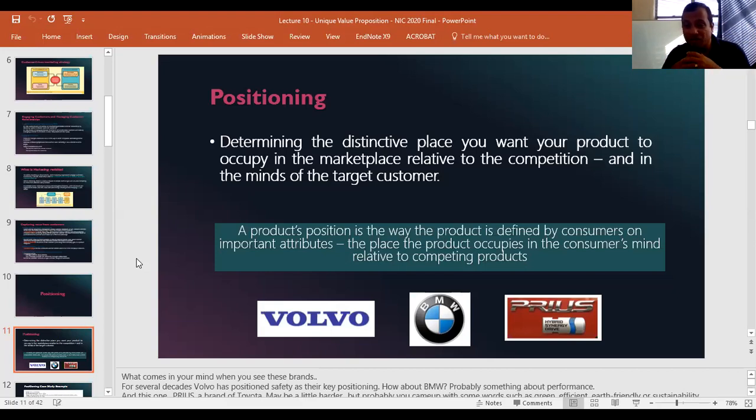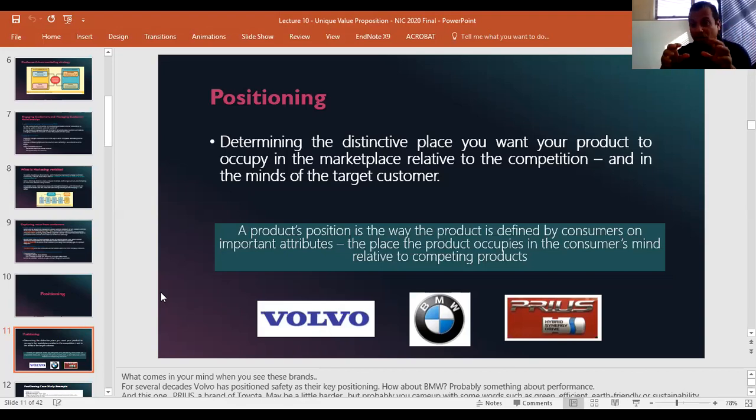Okay, the last one, Prius, a subsidiary of Toyota. This one is a bit more difficult, but if you could see what is written there, hybrid synergy drive, by reading this, what comes to your mind?